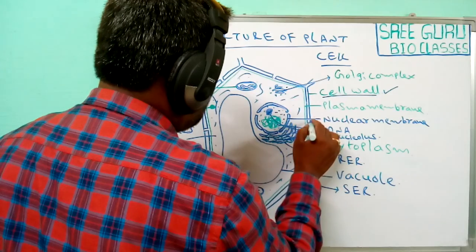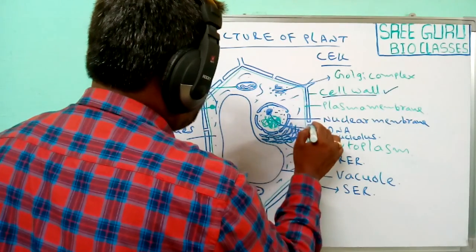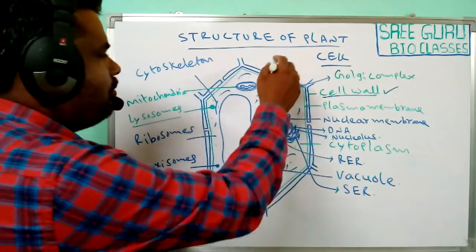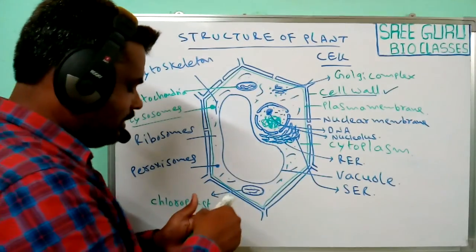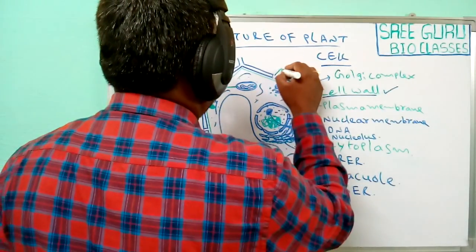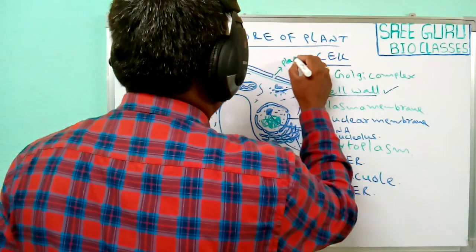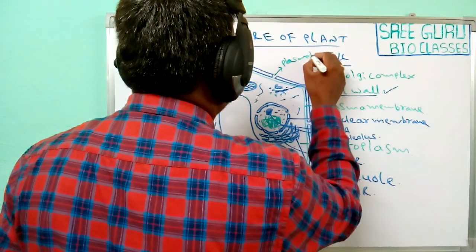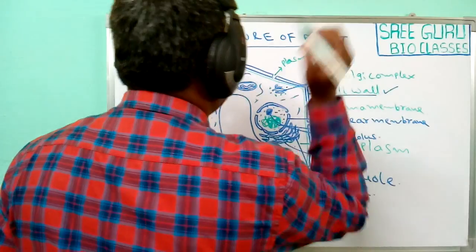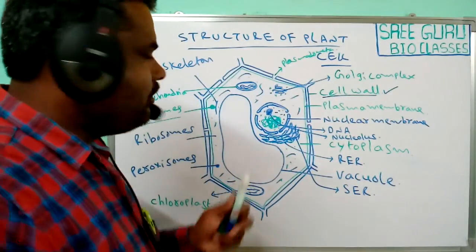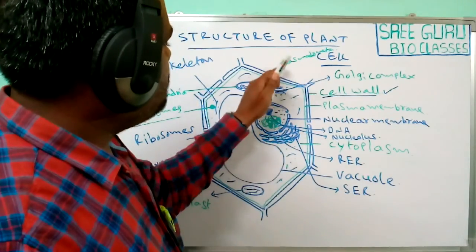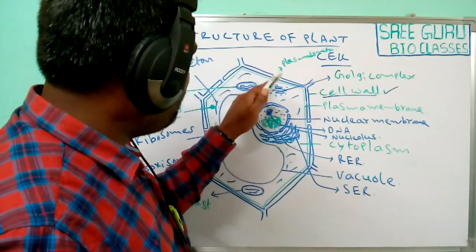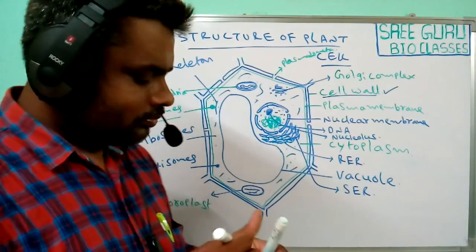Through plasmodesmata, molecules or material are transferred from one cell to another cell. Plasmodesmata are the structures which connect one cell to another cell.